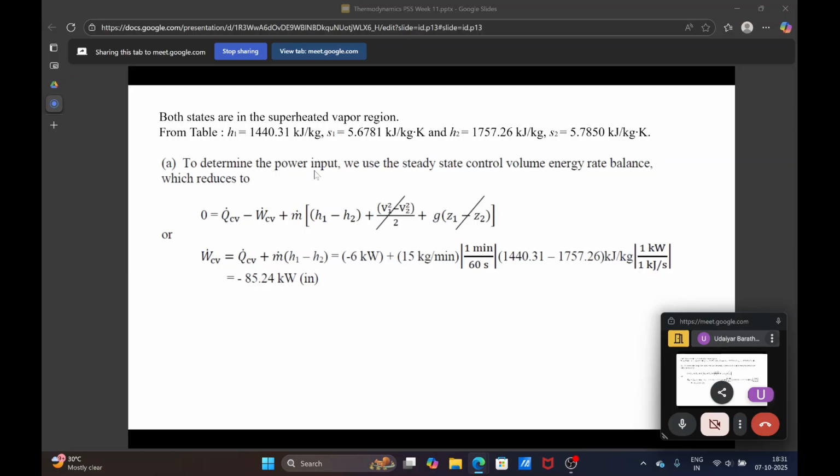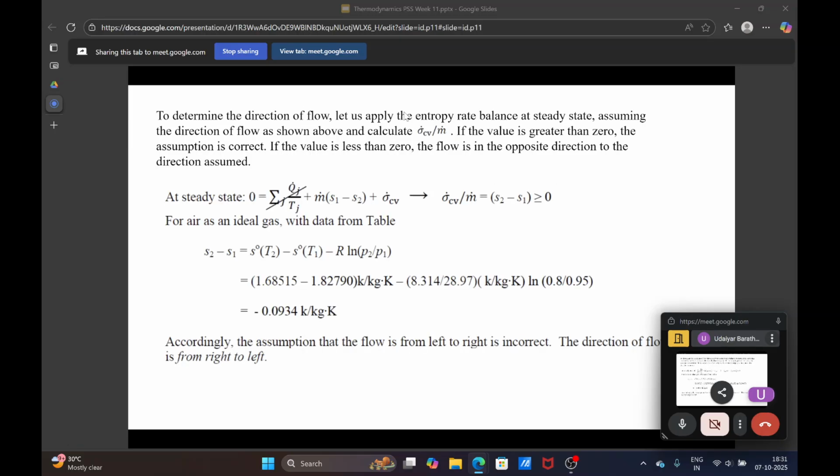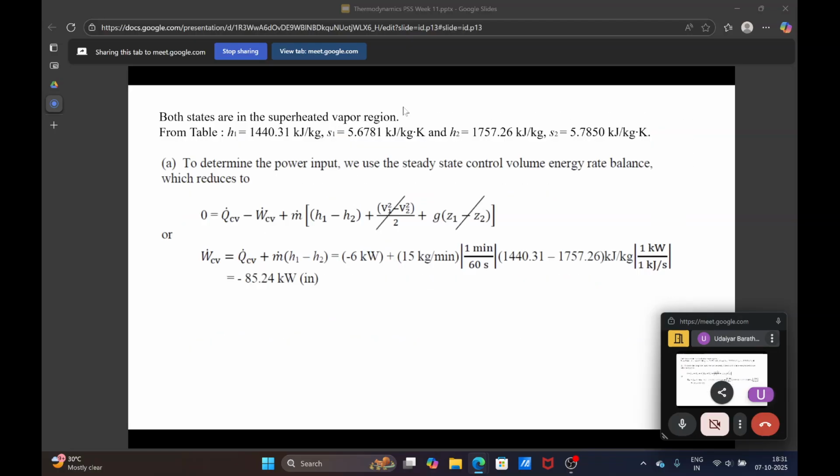So with the pressure and temperature, we find that for the ammonia, both inlet and outlet are at superheated state, which is generally the case which we want. We don't want any liquid to be present for the compression. So we can straight away find the enthalpy and entropy values from the superheated table for ammonia.